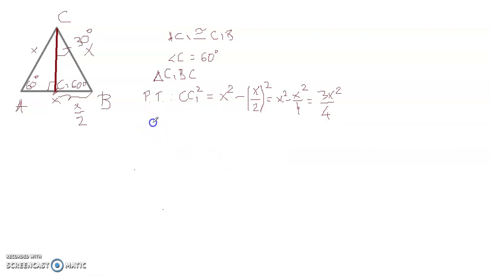Which means that CC1 is square root of 3 over 2 times x.